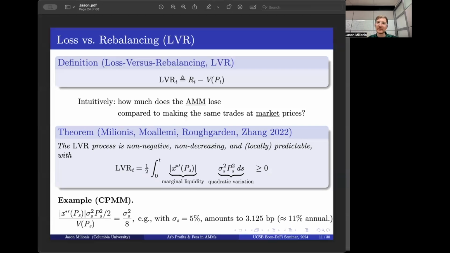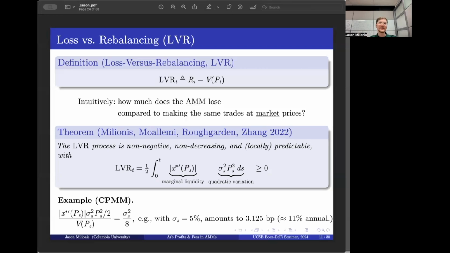And so an example is basically in the constant product case, such as the one by Uniswap v2, this quantity inside the integral is going to take a particularly nice form. It's only going to be sigma squared over 8.